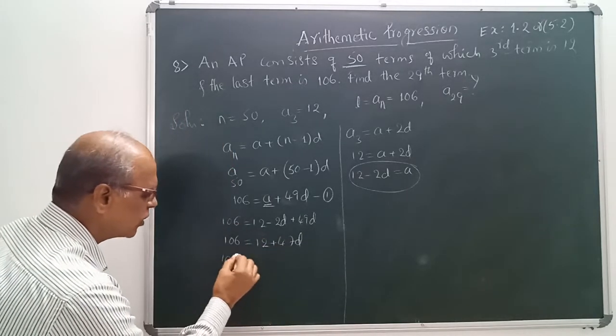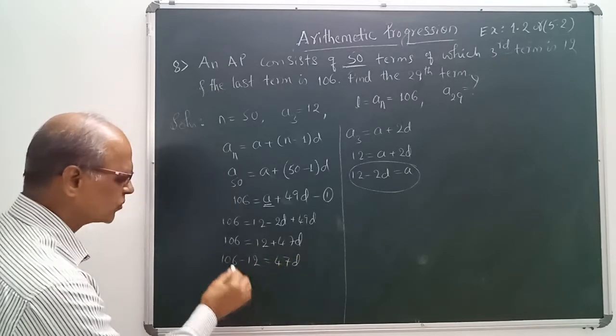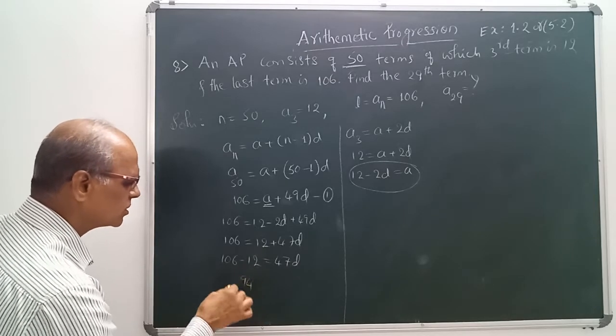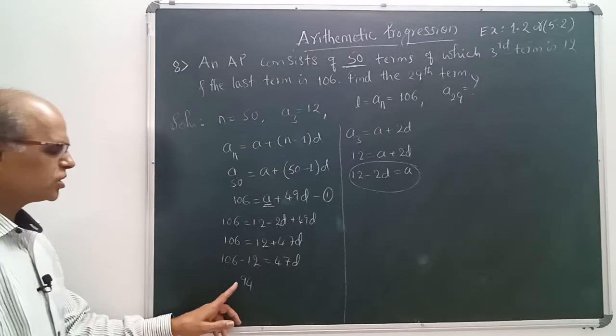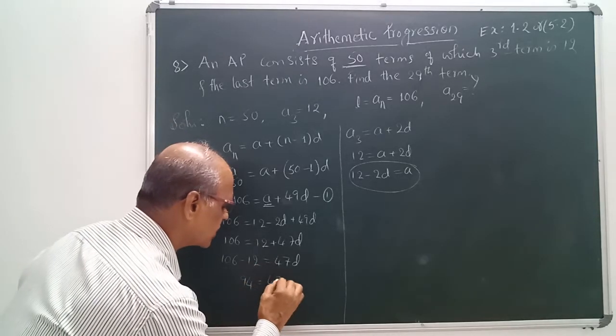Transpose: 106 minus 12 is equal to 47D. That means 94, which is equal to 47D.